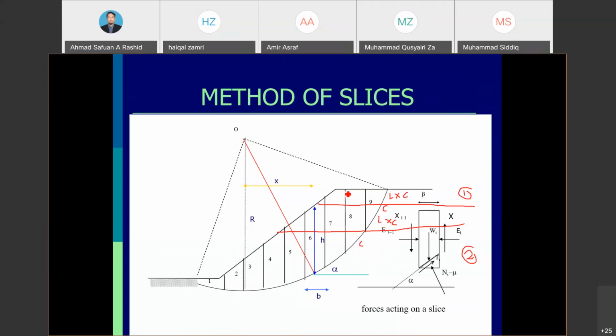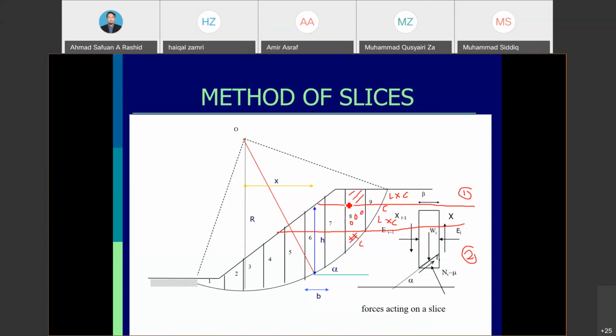However, for the top of the slice, there will be no problem if we want to cover 2 or 3 layers of soil, because at the end we can differentiate between the first layer, the second layer and the third layer.